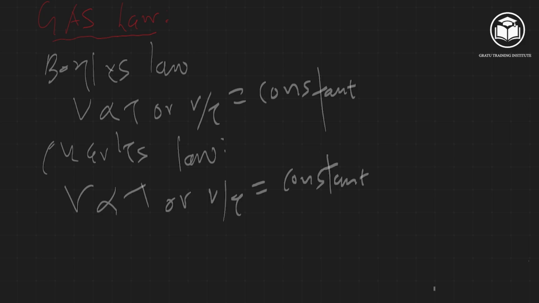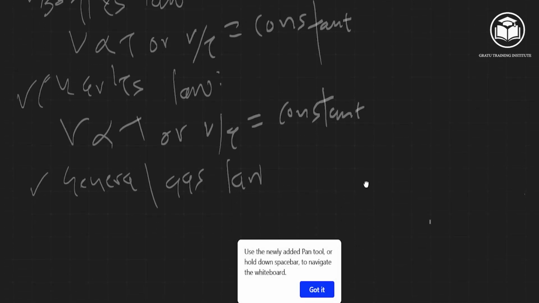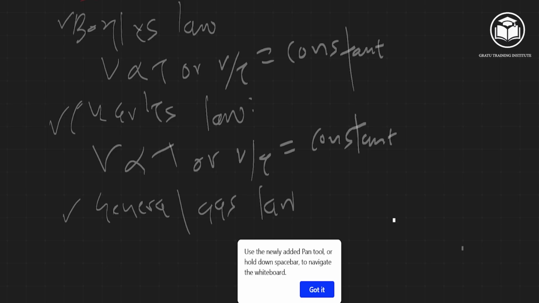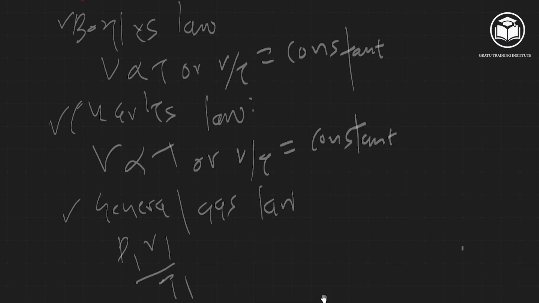Now the general gas equation, which combines Boyle's law, this one here, and Charles' law, is given by P1 V1 over T1 is equal to P2, which is pressure 2, times volume 2, all over temperature 2.